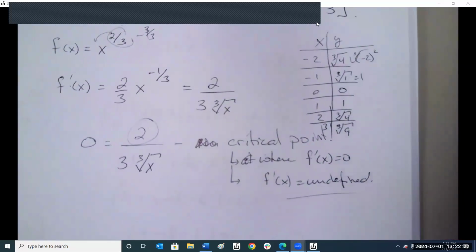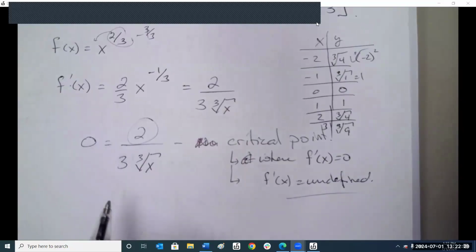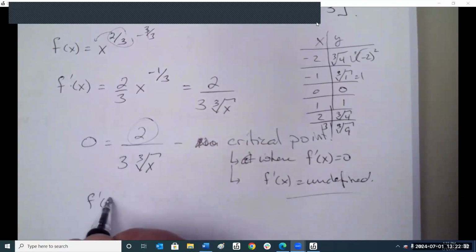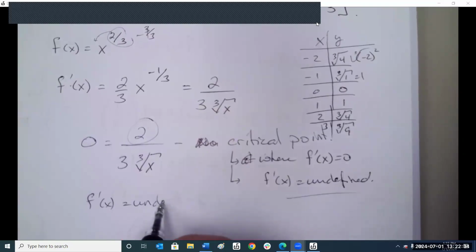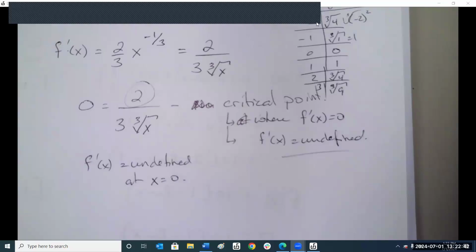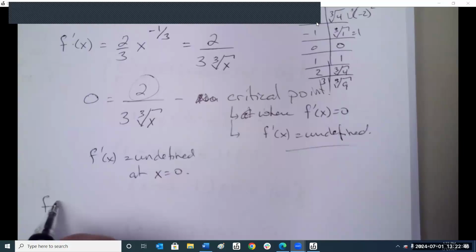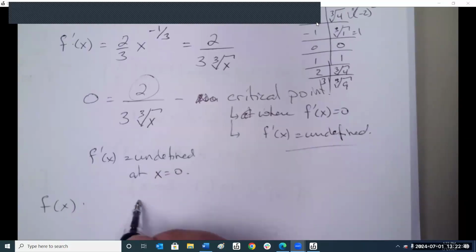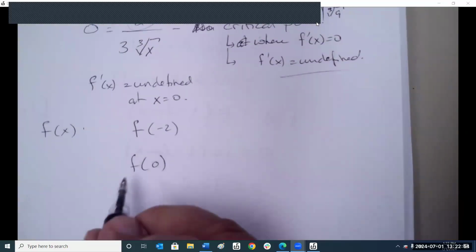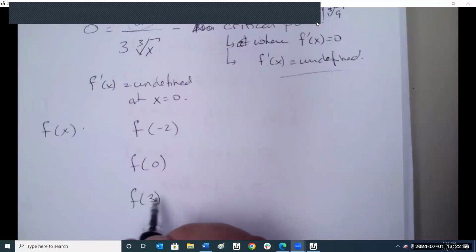We forgot about this one. Where is it undefined? At 0. So f prime is undefined at x equals 0. Now that gives us our 3 points that we need to try: at -2, at 0, and at 3.